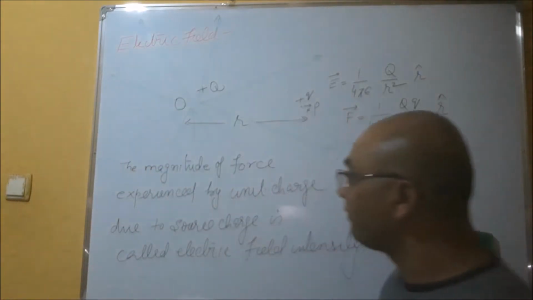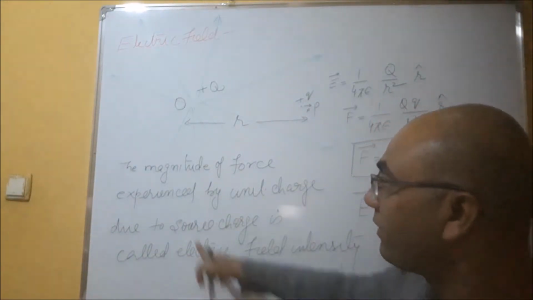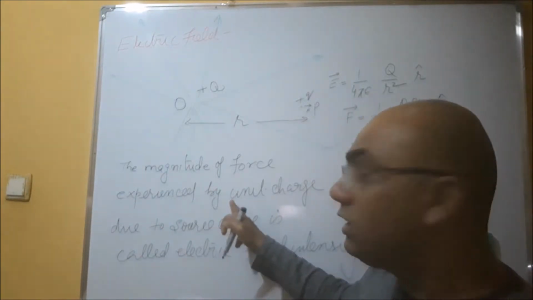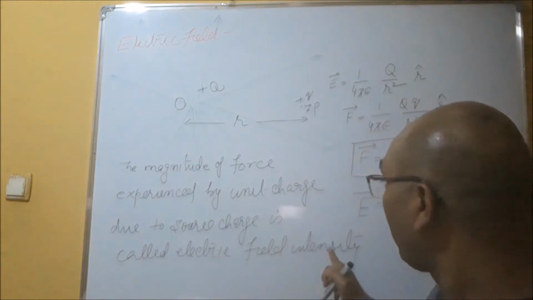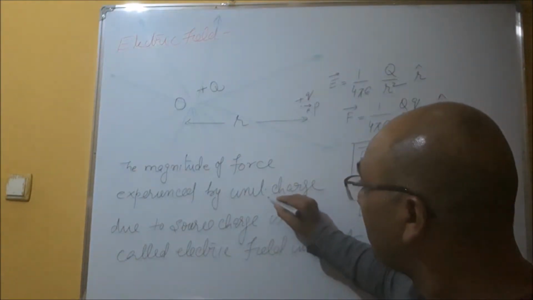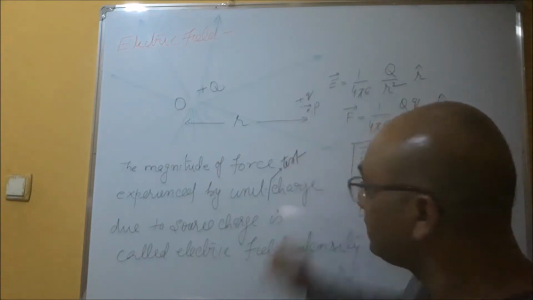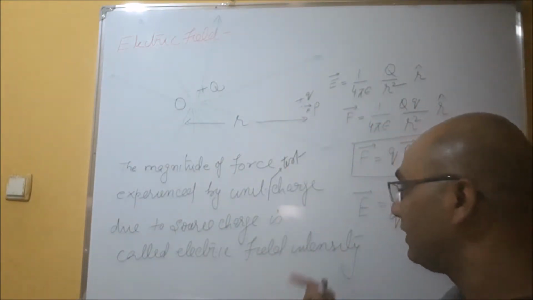Okay, so how can we define the electric field intensity? Electric field intensity can be defined as the magnitude of force experienced by unit charge. Okay, unit charge. Or I can define it again by using the word test charge: the force experienced by unit test charge due to the source charge is called electric field intensity.